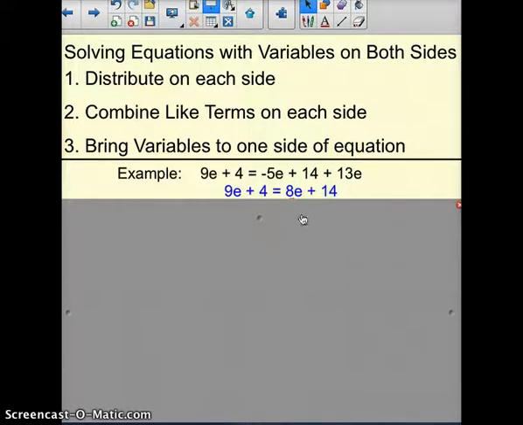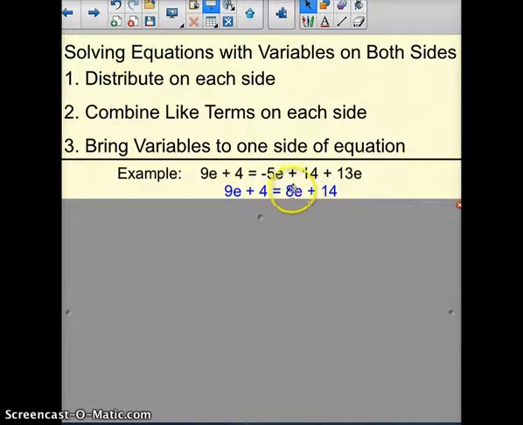So on the left side I have 9e plus 4 still. There's nothing I can do right now. And -5 plus 13 gives me 8e plus 14. So now all my terms are combined, and now what I want to do is get my variables to one side of the equation. I'm going to move the 8e and get it to this side.